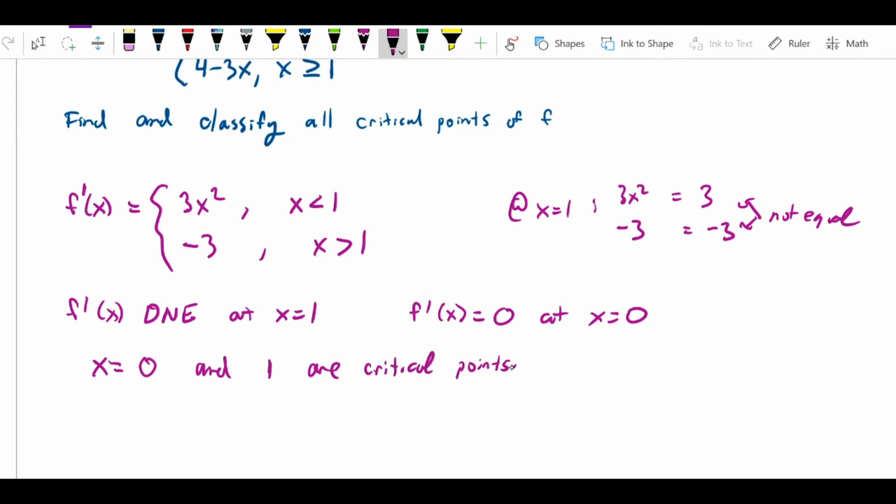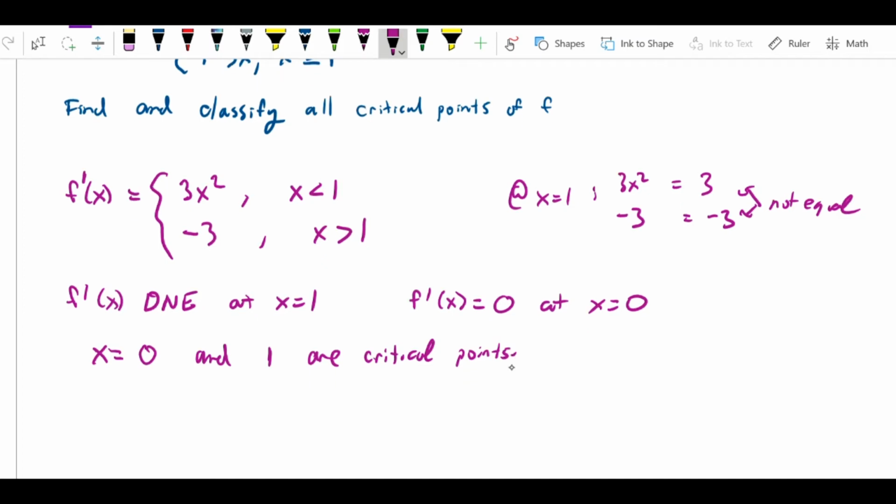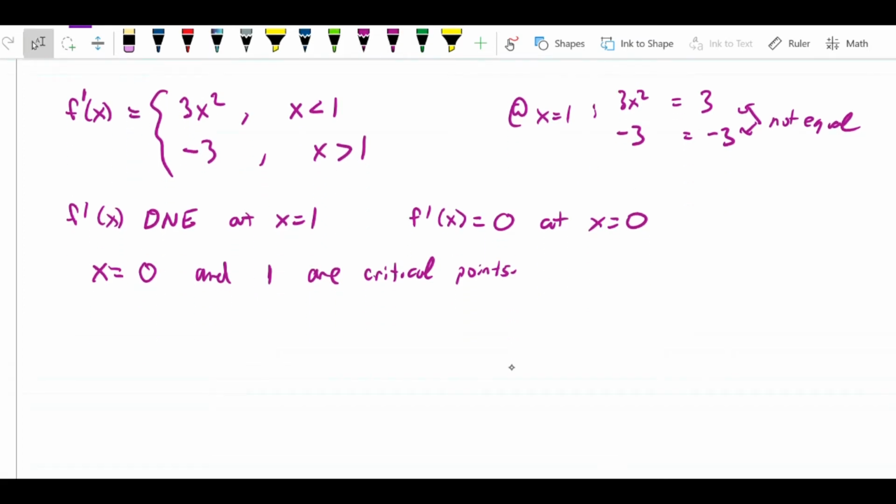Okay, so now that we know what the critical points are, let's see whether the derivative is positive or negative, and on which intervals that's true. So let's actually put the critical points 0 and 1 on a number line, and let's ask whether f prime is positive or negative on the intervals negative infinity to 0, 0 to 1, and 1 to positive infinity.